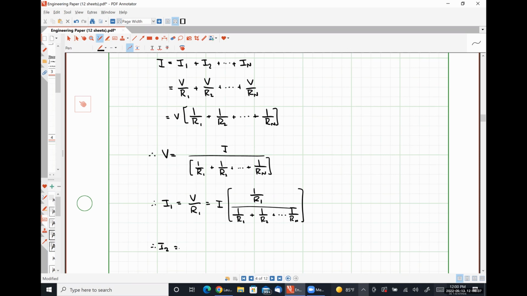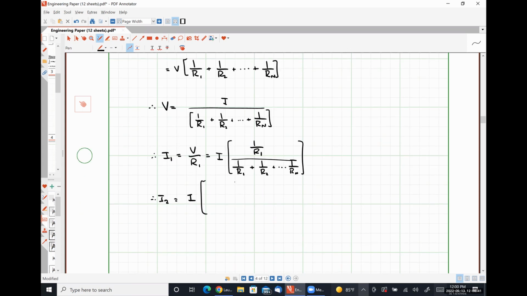I2 is going to be I multiplied by 1 over R2 over that same denominator.